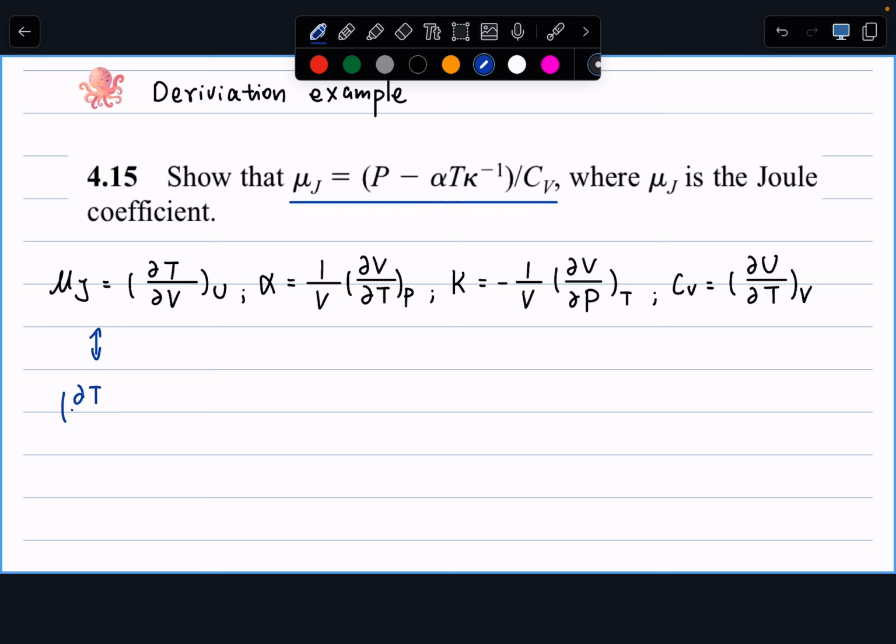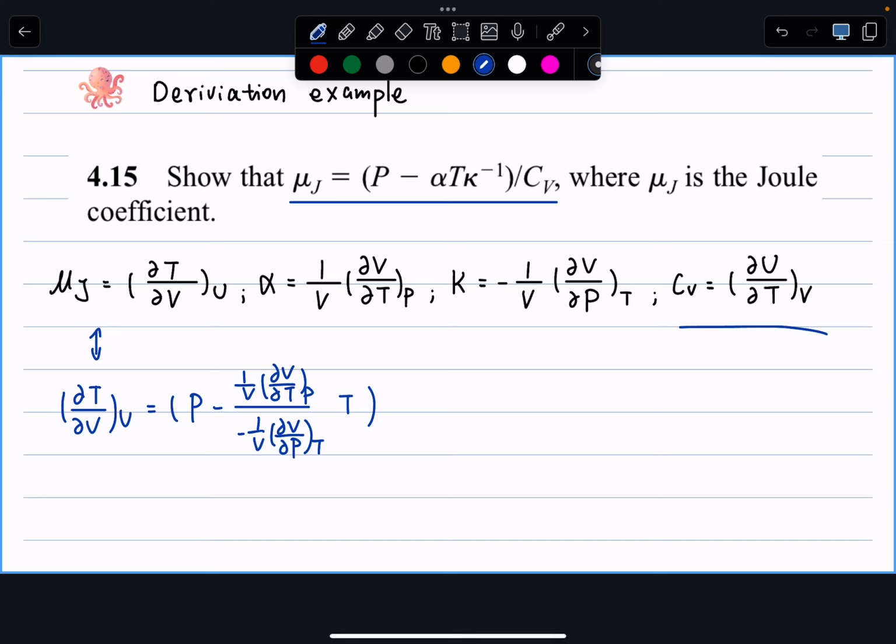So this will become dT over dV at constant U equals pressure minus alpha, that's 1 over V, dV over dT at constant P, over chi, that's negative 1 over V, dV over dP at constant T, times temperature, and divided by CV. I'm going to write this as the flipped one, so that's my dT over dU at constant V. All right, that's what we're trying to prove.